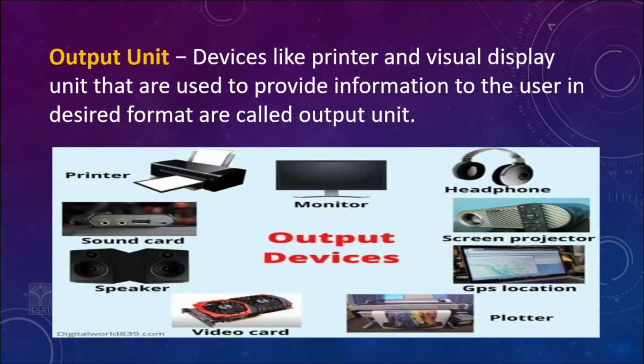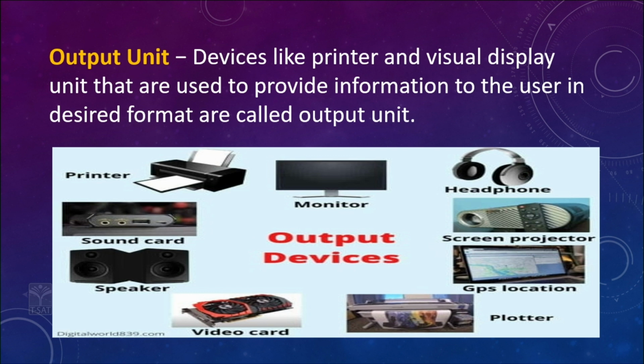Now shifting to the next one, the output unit. Devices like the printer and visual display unit that are used to provide information to the user in the desired format are called output units. What I am doing will appear on the monitor. When you give a command to print, the printer is considered an output unit.